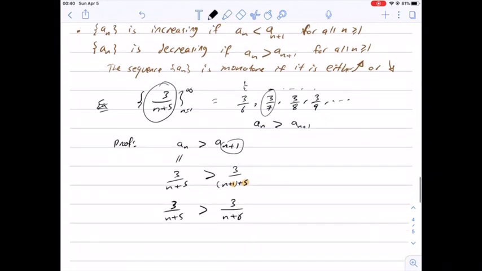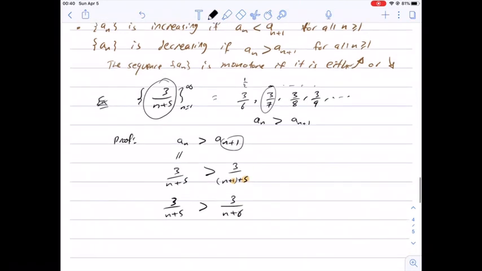Added those two numbers, and then we can see that the denominator here is greater than this denominator, and as we know that the larger denominator means the smaller value, and that means this is correct. So a sub n is greater than a sub n plus 1.